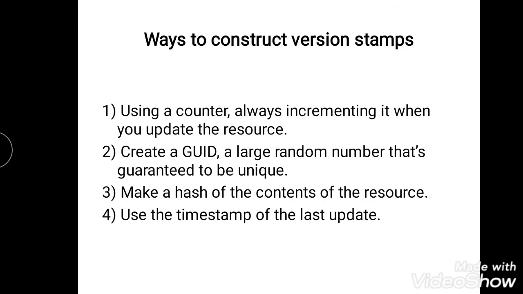And the second approach is a GUID, a unique ID guaranteed to be unique, like a random number. It uses some combination of dates, hardware information, or whatever other source of randomness they can pick.